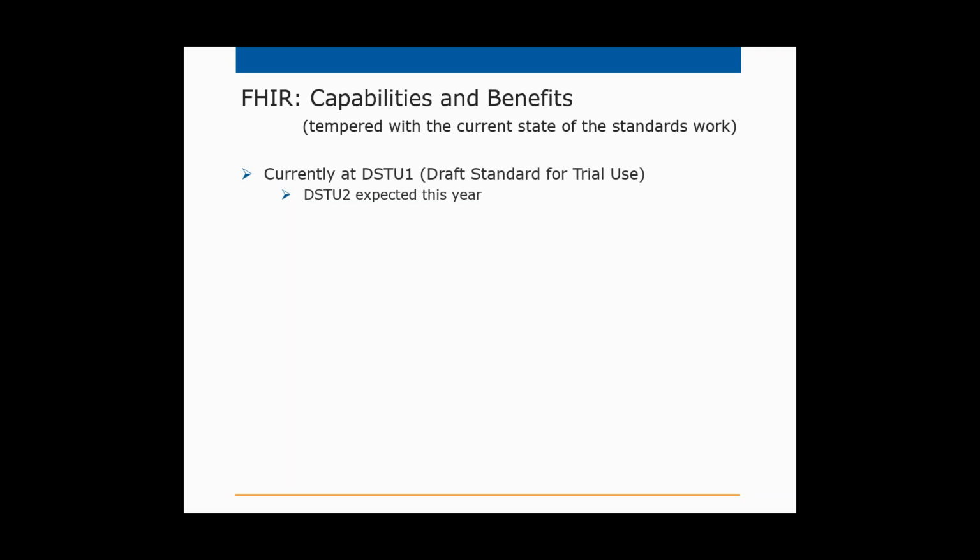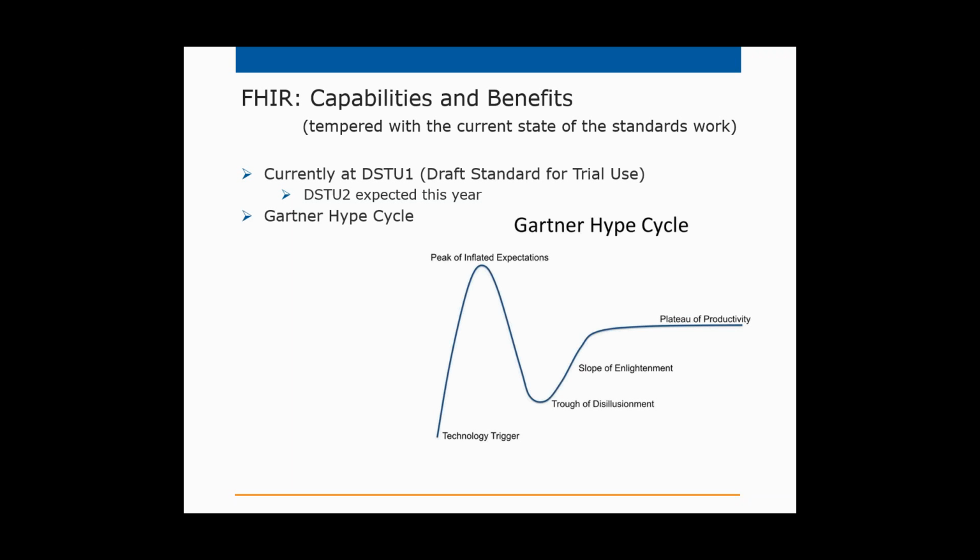Now, an interesting item here is the Gartner hype cycle. I don't know how many of you are familiar with this term that Gartner has communicated with several different technologies before, but what they've shown is that any new technology always goes through this type of hype cycle, where you'll start out with some technology trigger.